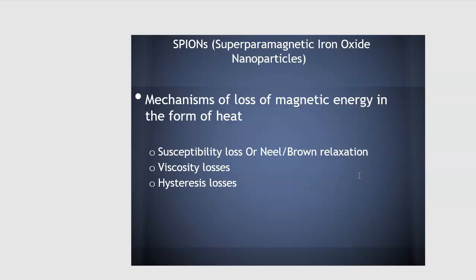If we talk about the mechanism of loss of magnetic energy in the form of heat, there are three different mechanisms. One is susceptibility loss or Néel Brownian relaxation, then we have viscosity losses, then we have hysteresis losses. So these three mechanisms are dominating when a magnetic nanoparticle is placed in an AC magnetic field.